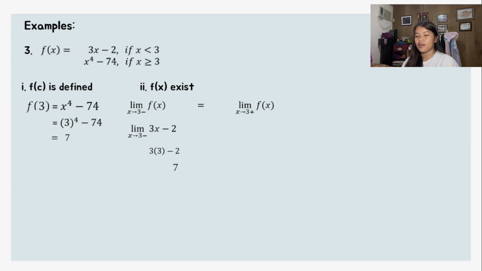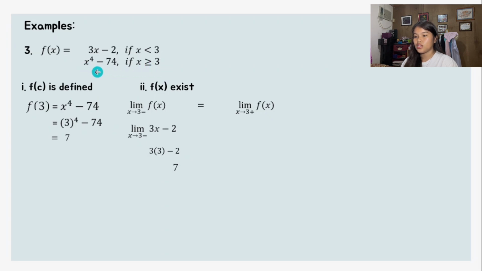Let us proceed to the right-hand limit. So limit f of x as x approaches 3 positive. So I'll always look for a greater than sign, which is this: x is greater than or equal to 3.